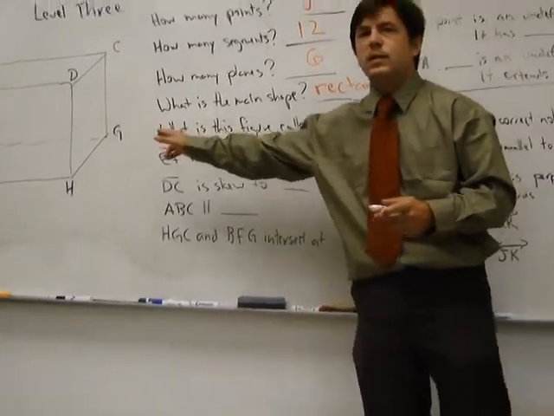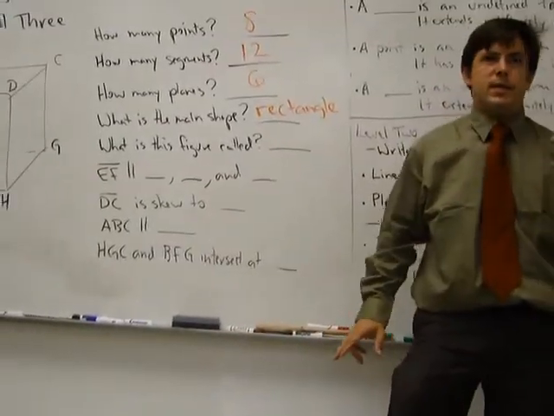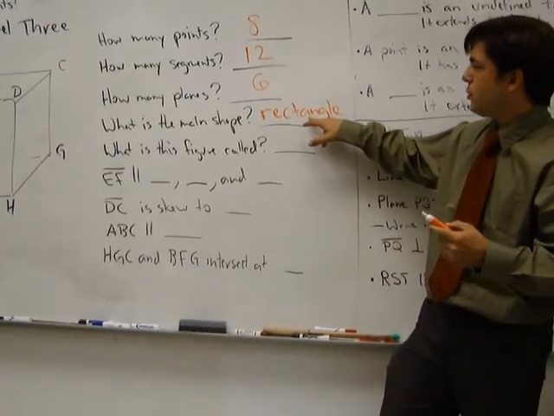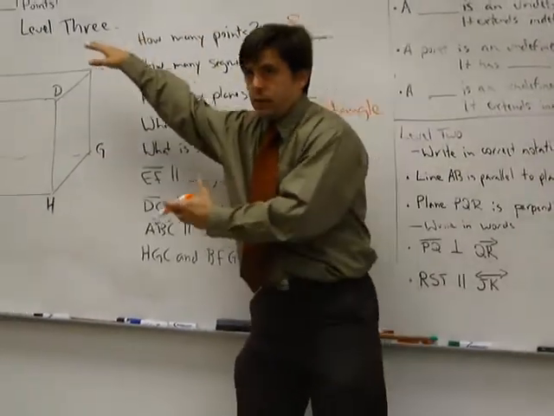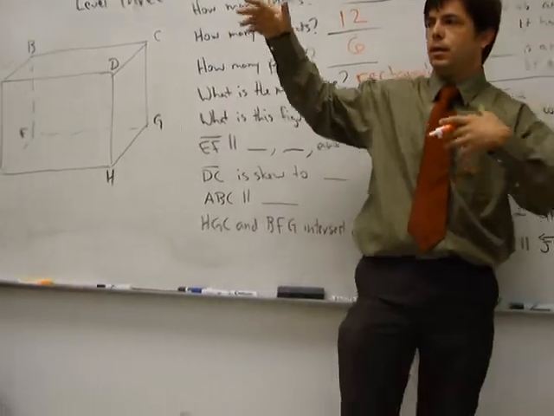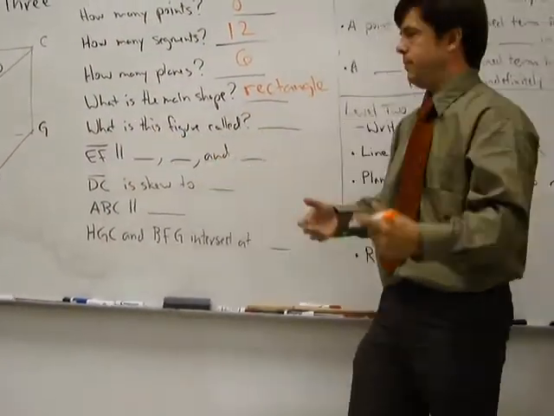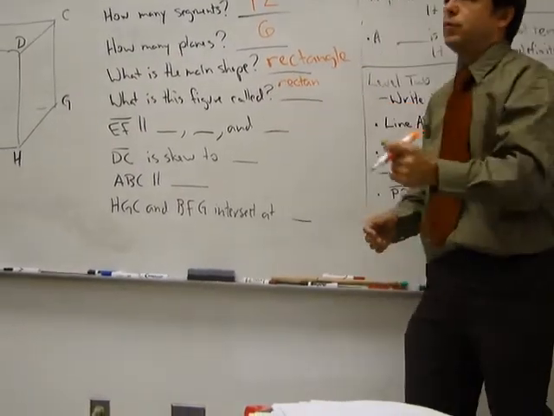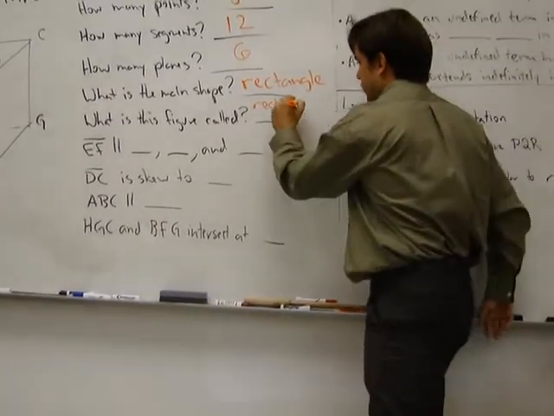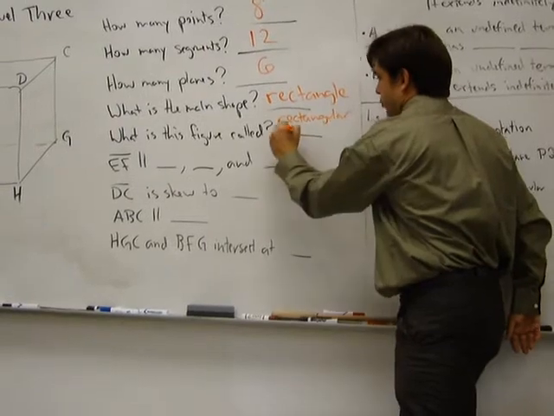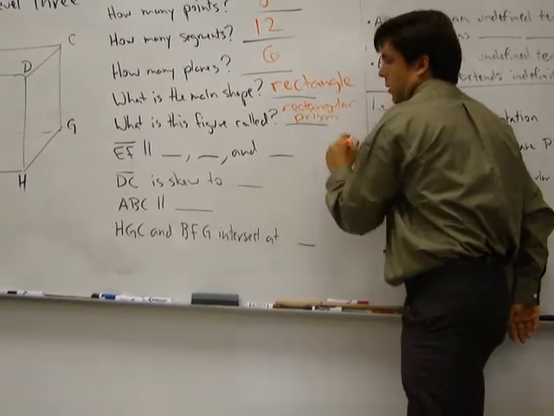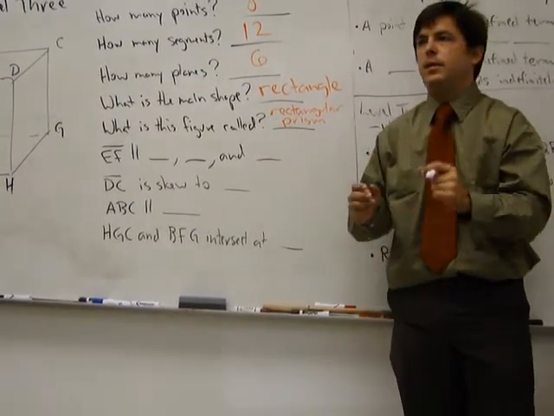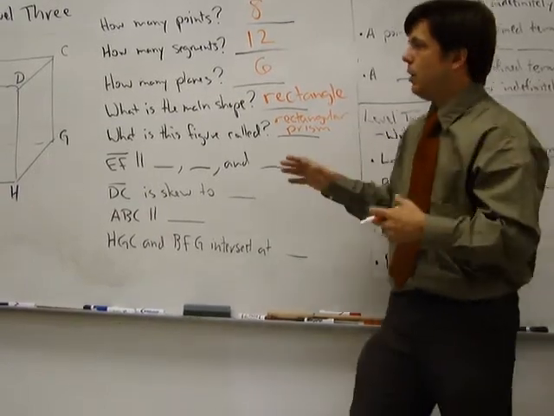Now, this is one that's a giveaway once you get the idea. If the main shape is a rectangle, and all of these are going to be prisms, then this would be a rectangular prism. Does that make sense? Can I say cube? No. A cube is all squares. That's different. This is a rectangular prism. It's not a cube because they're not all congruent.